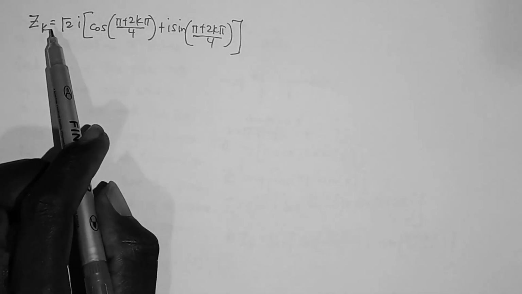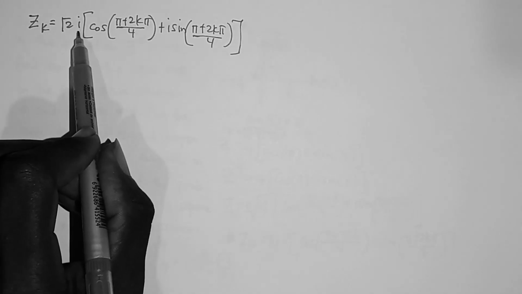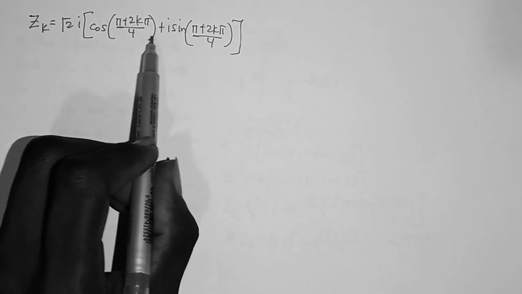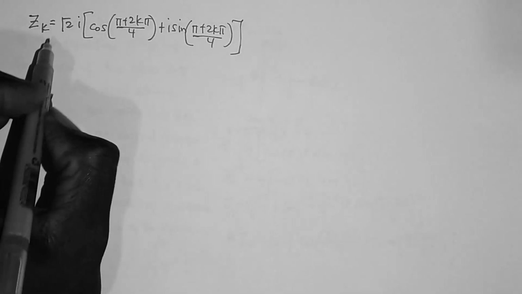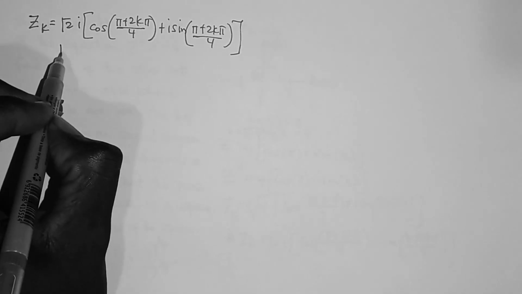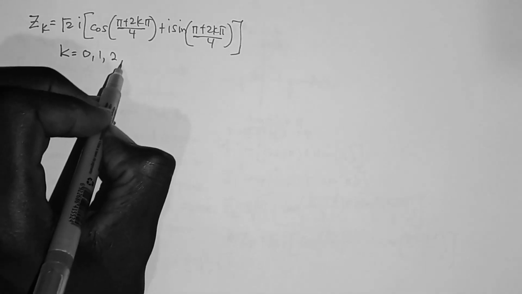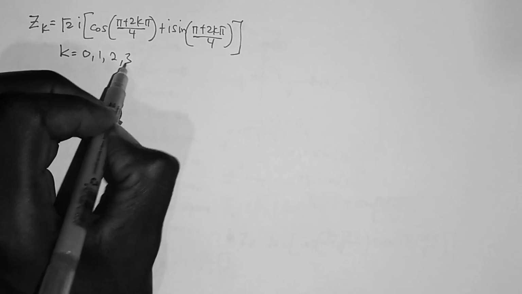So we've established that z of k is equal to root 2i times cos pi plus 2k pi over 4 plus i sine pi plus 2k pi over 4. But we know that it is z exponent 4, and therefore k will go from 0, 1, 2, and then n minus 1, which is 4 minus 1, which is 3.